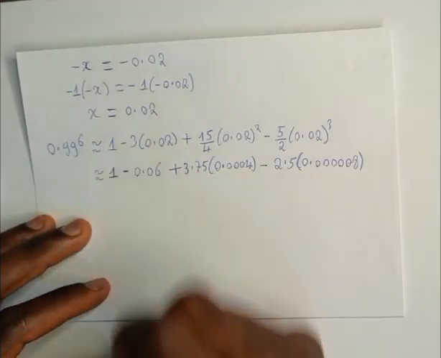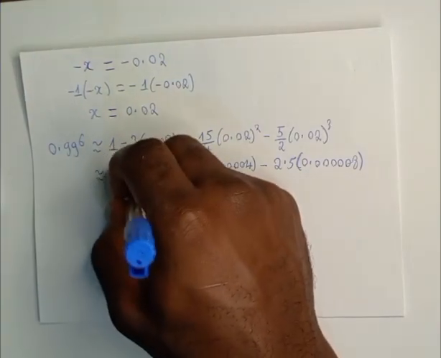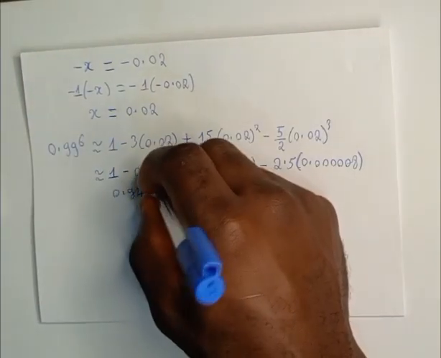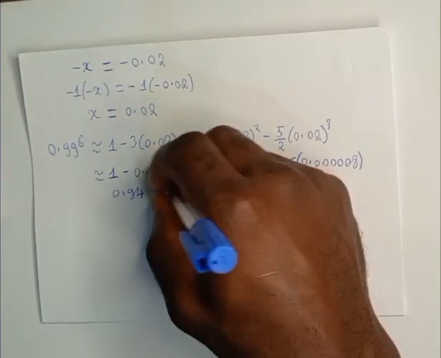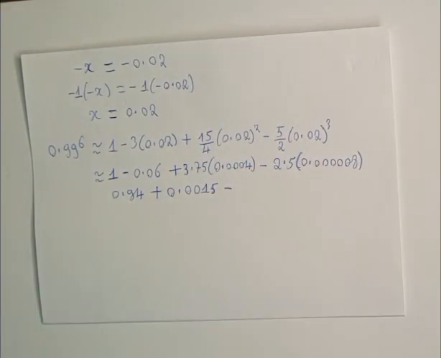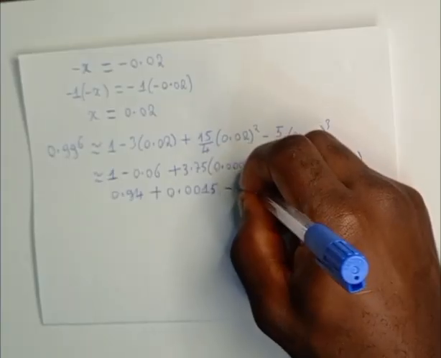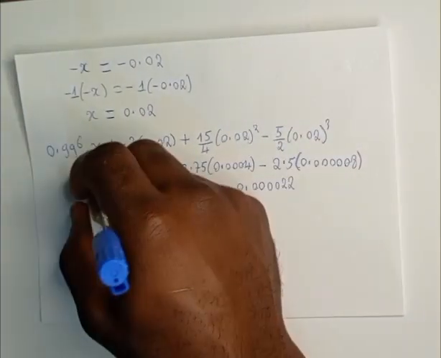And this will simply give us, take 1 minus 0.06 gives us 0.94 plus we take 3.75 times 0.0004, it gives us 0.0015 minus 2.5 times 0.000008 gives us 0.00002 as such.